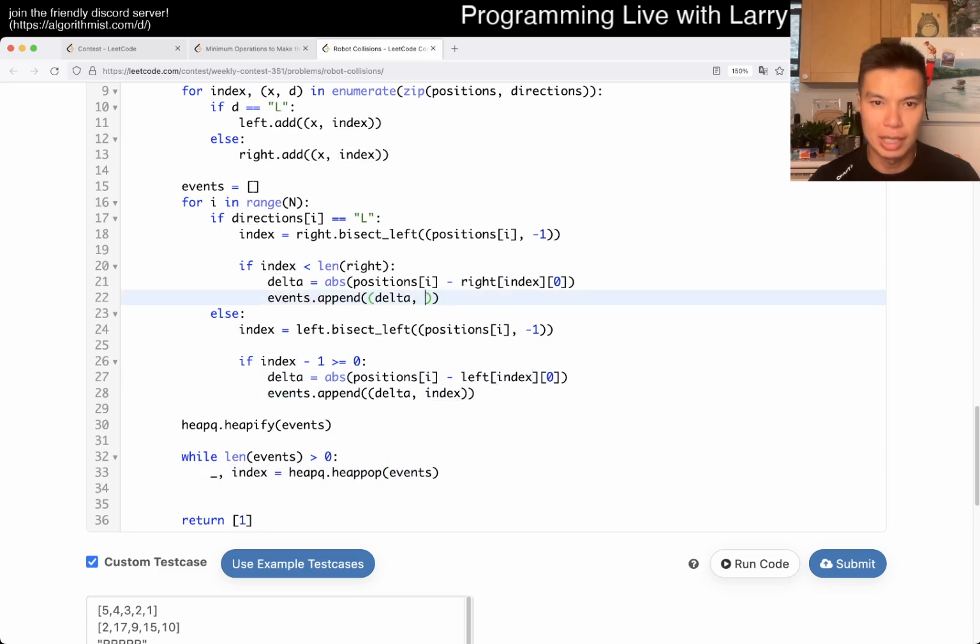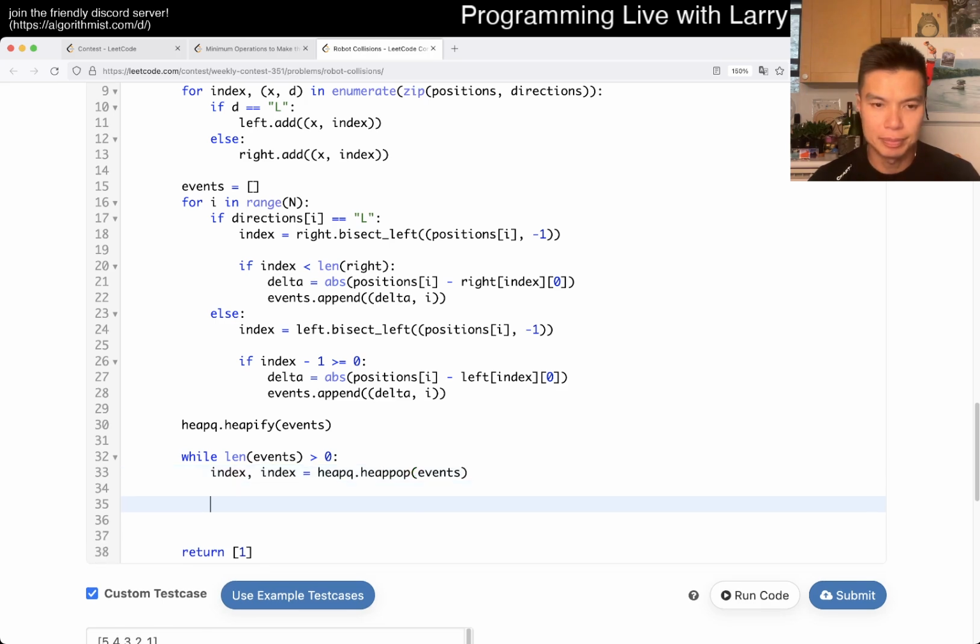What we want is I. Yeah, whoops. We do care about index here because we need to track it. And now that we have the index, we have to do this bifurcation again.